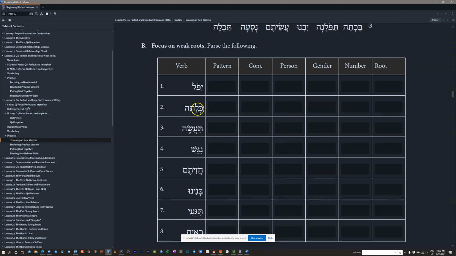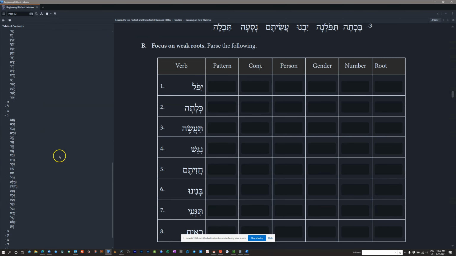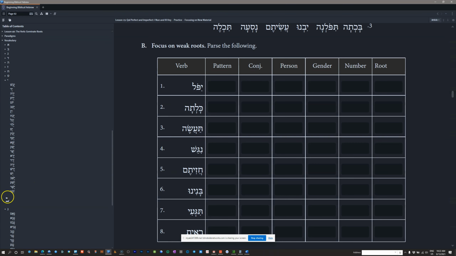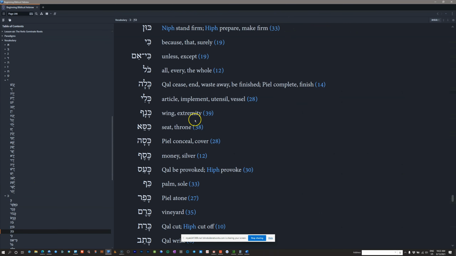So we have cal-perfect III-Fs. Since we know this is a III-Heh verb, our verbal root is kaf lamed hey, which is kala. Kala, I get mixed up. I think kala means he finished or he ceased, but I do need to double check that here. I get that mixed up with another. Yeah, to cease, to end.